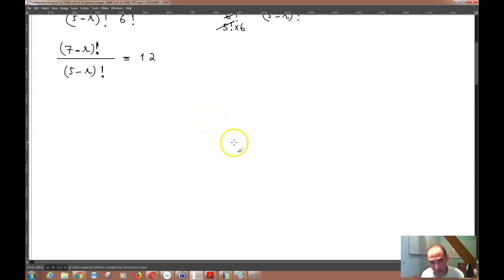For example, 0 factorial is equal to 1. And this is a definition. So there is almost no way to understand why this is so.